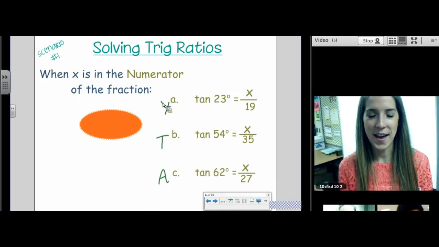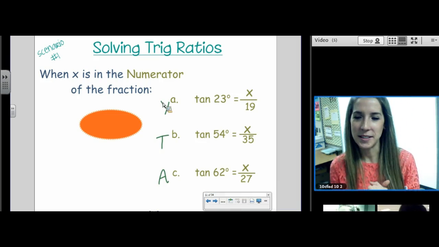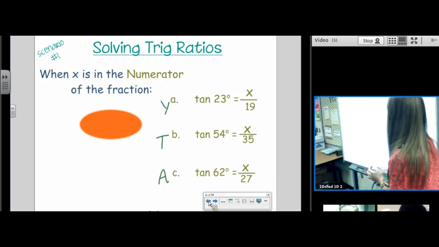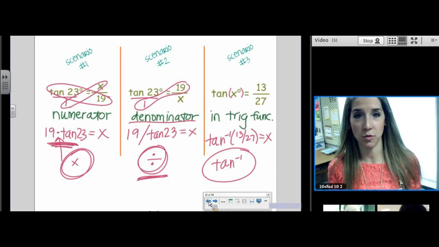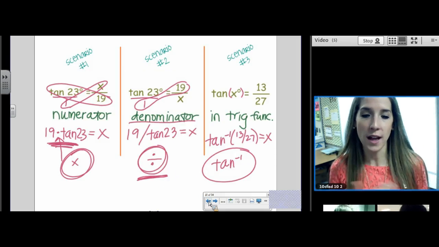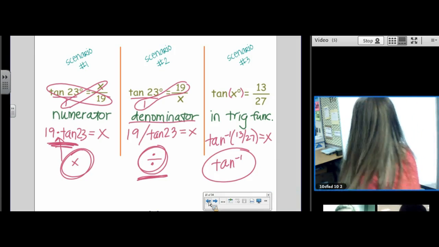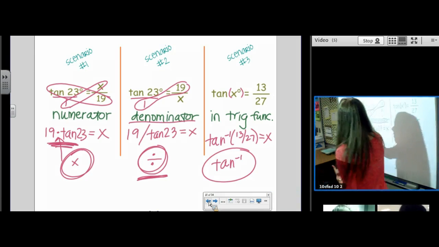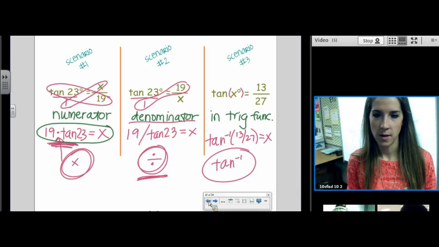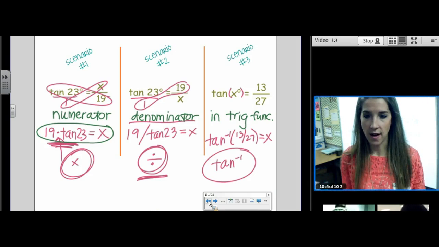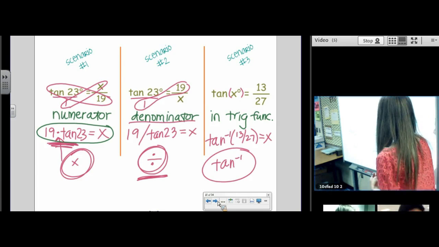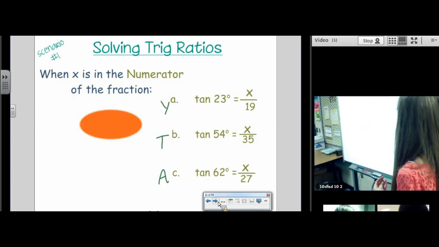Go. Okay, so some of you are saying you don't know what to do. So we talked about 3 scenarios. When x is in the numerator, how do you solve for it? You cross multiply. But you're going to end up multiplying the number times the tan function. When x is in the denominator, you're going to divide, and when x is trapped in the trig function, you're going to do inverse. So on this one right here, where is x?